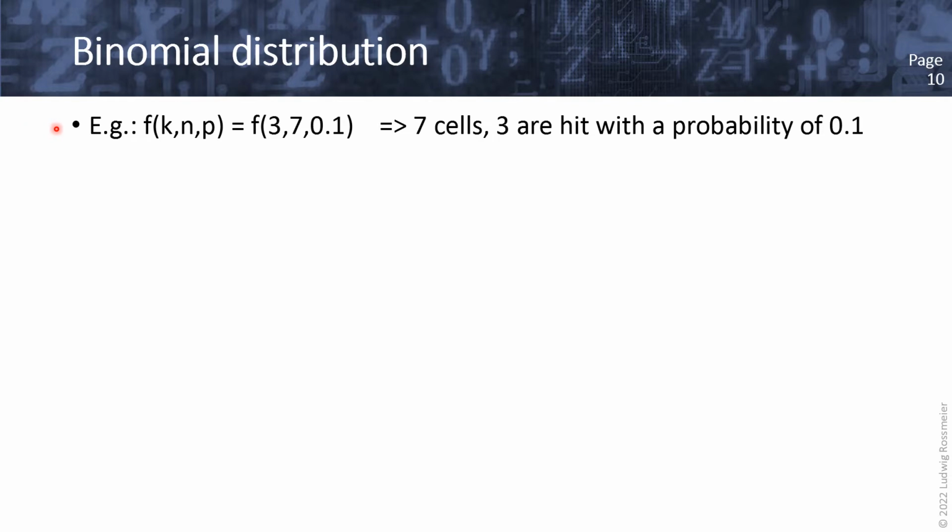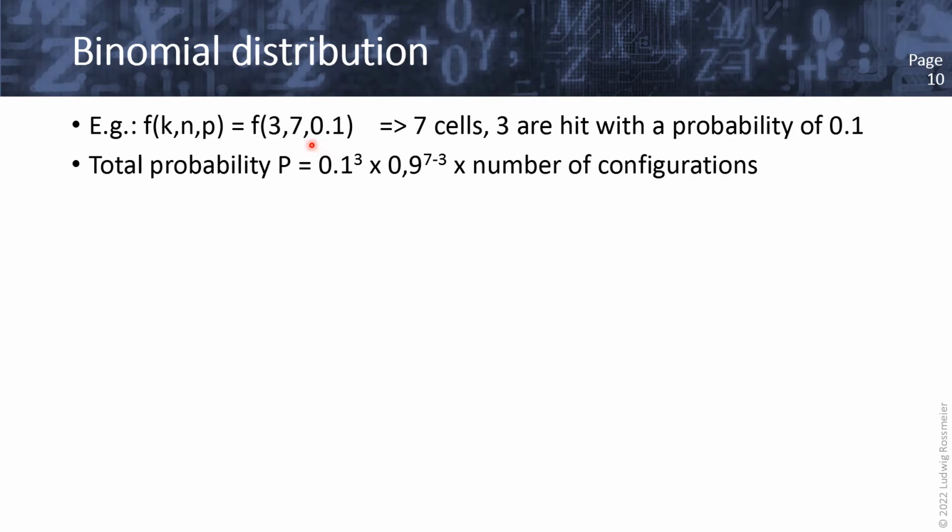Here's an example. We have 7 cells and we want to observe 3 hit cells with a probability of 10% each. That means k is 3, n is 7, and the p, the probability, is 10% or 0.1.